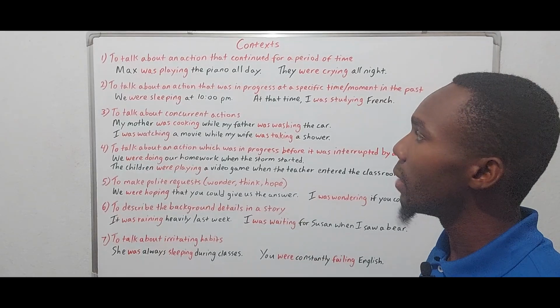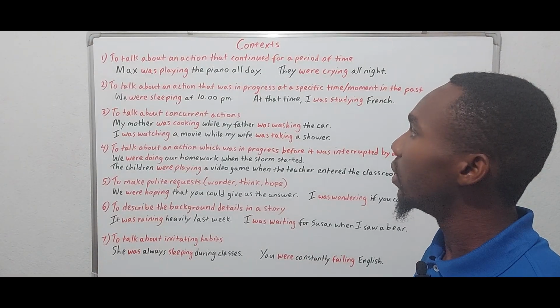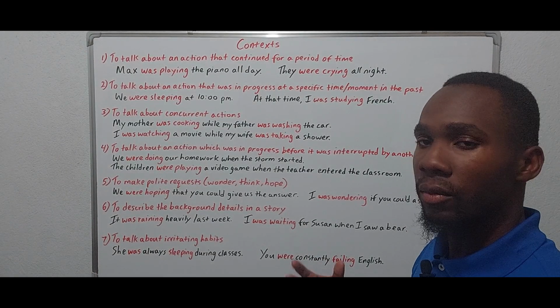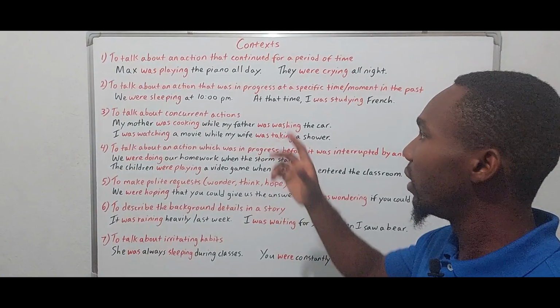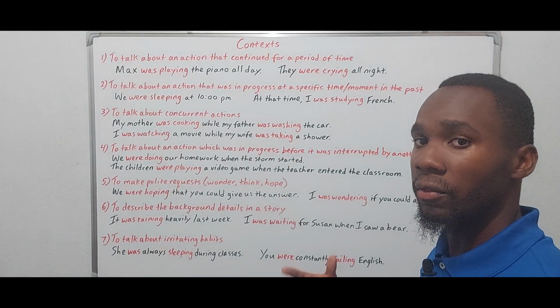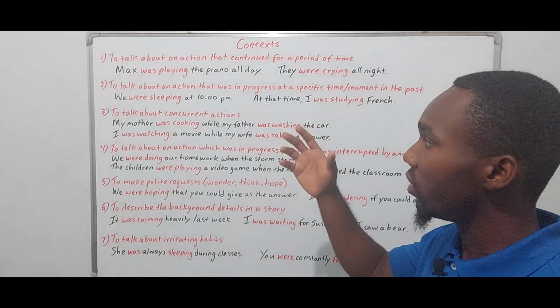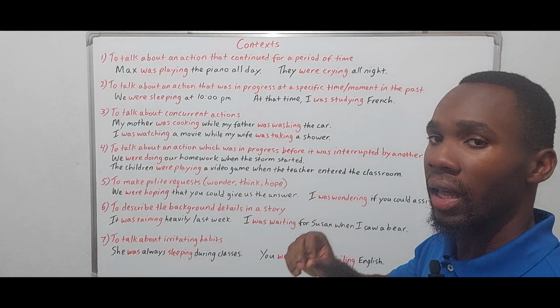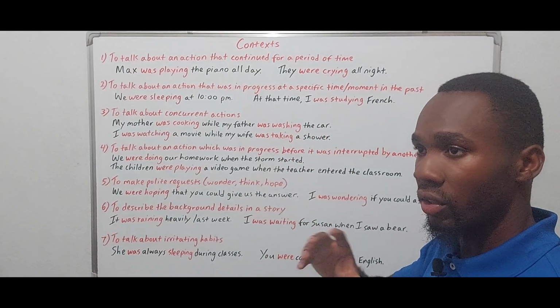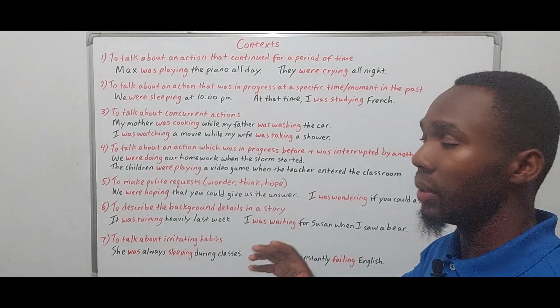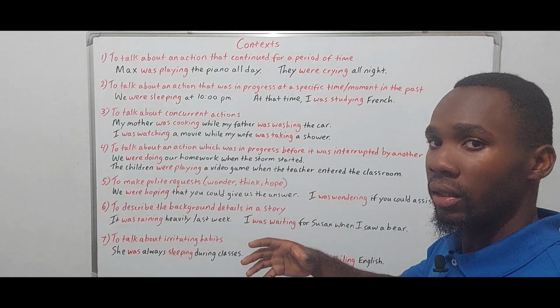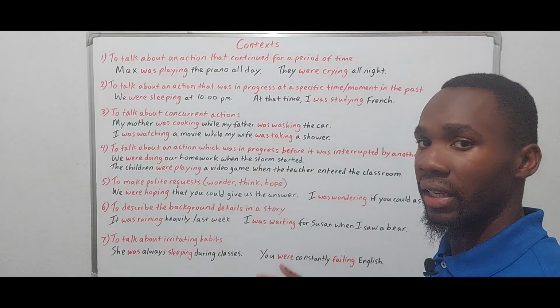For example, Max was playing the piano all day. So all day represents the period of time, and was playing tells us that Max continued to play the piano during the entire day.